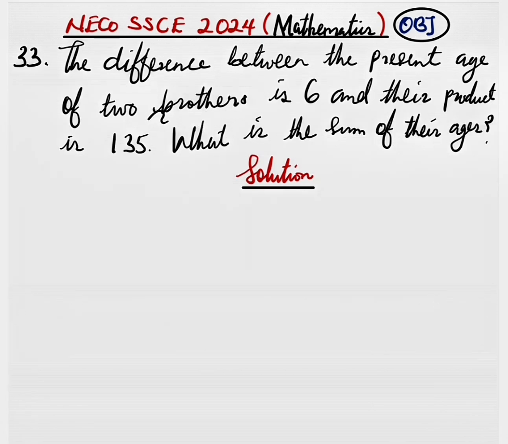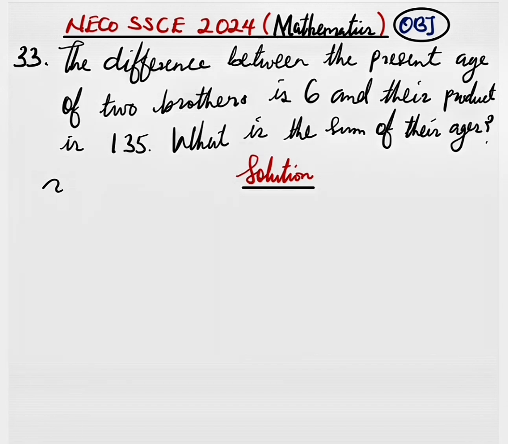So we have two brothers, and the difference between their ages is 6. So if one of the brothers' age is represented with X, since we don't know it, then the second brother's age will be X plus 6, because the difference between their ages is 6.